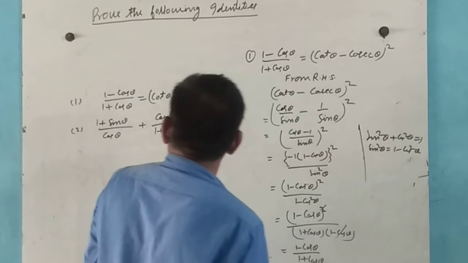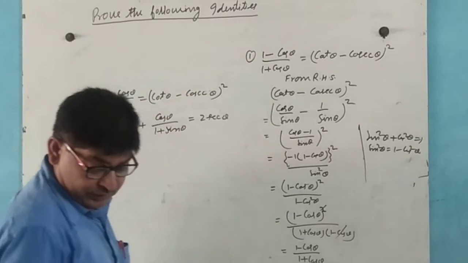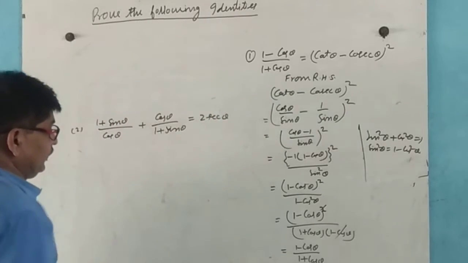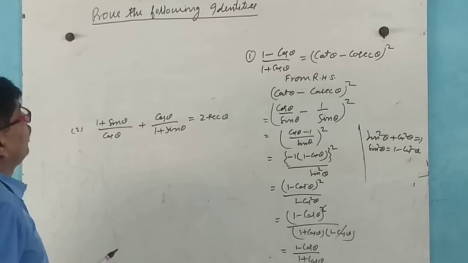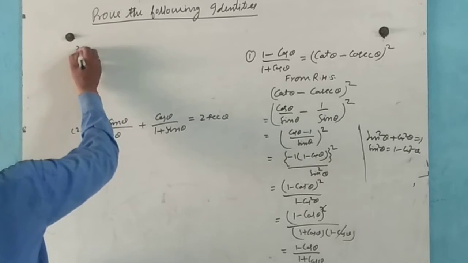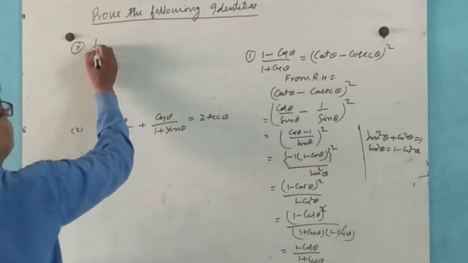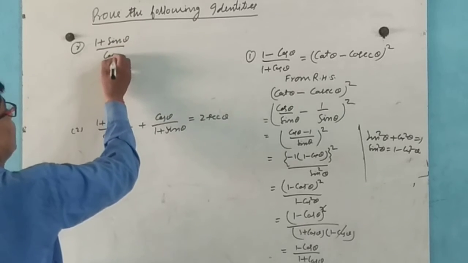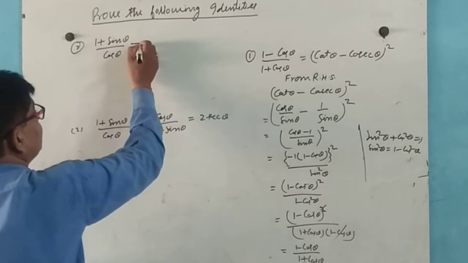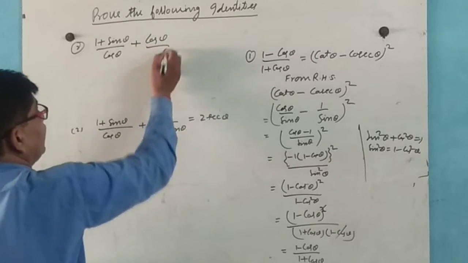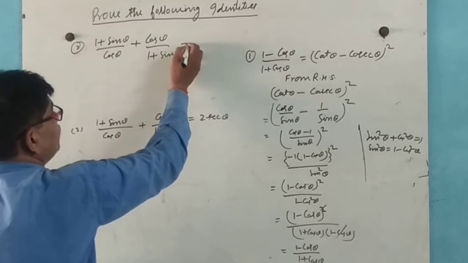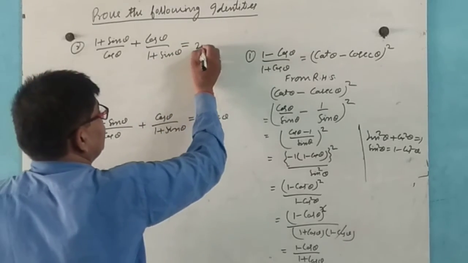Now we see the second problem. Here (1 plus sin theta) divided by cos theta plus cos theta divided by (1 plus sin theta) equal to 2 sec theta.